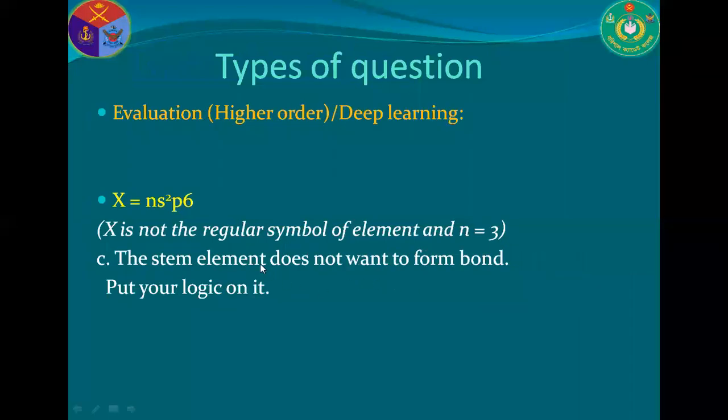Here, this is argon. And the question is why it does not want to combine with other elements. Because it has gained stability, and in the outermost energy level it has 8 electrons, so it does not need to combine with other elements to gain stability. It is a stable element.